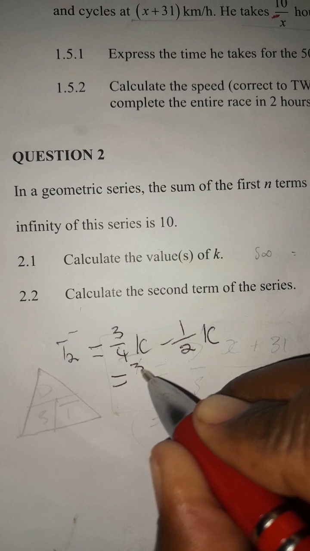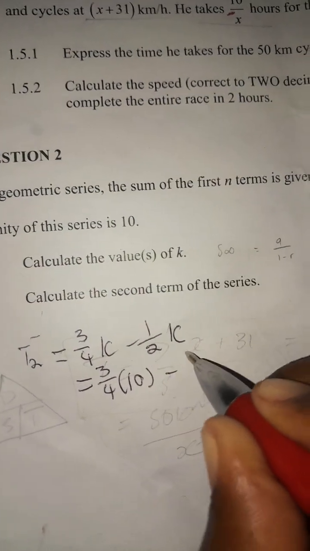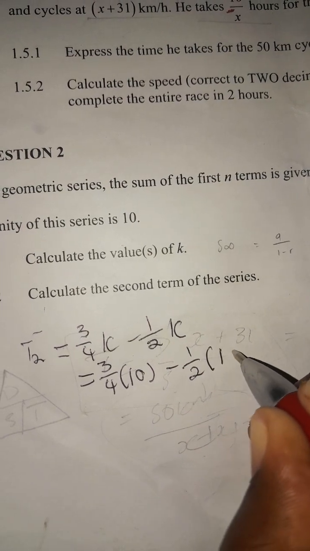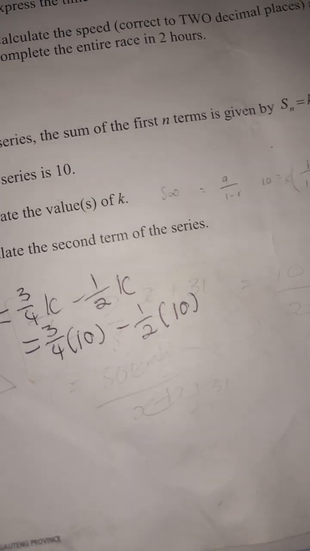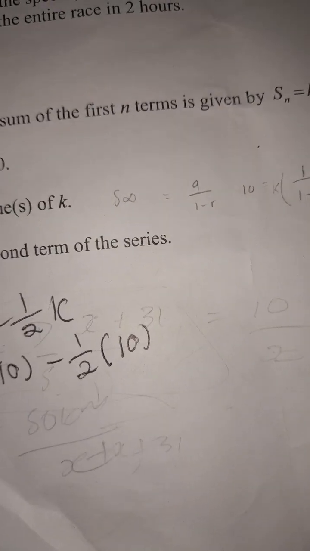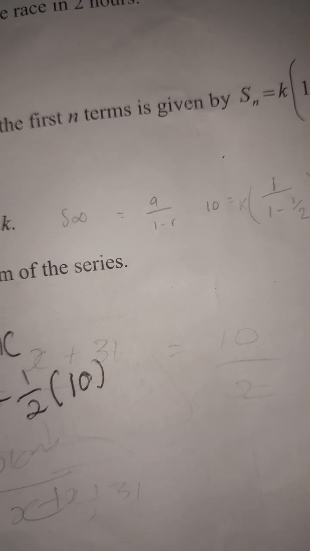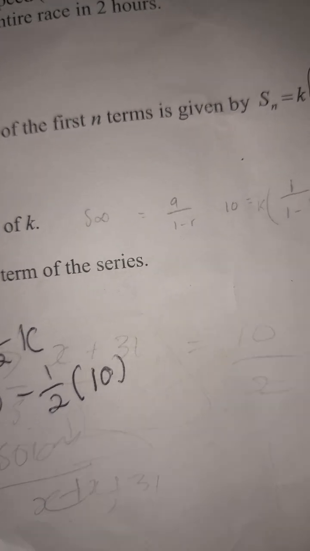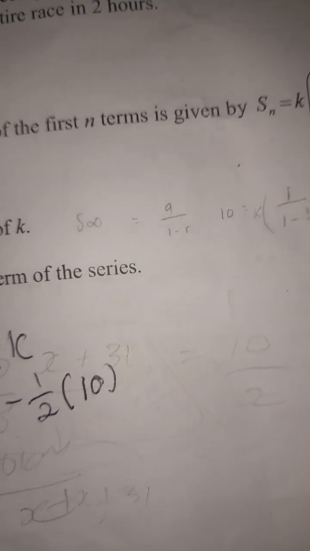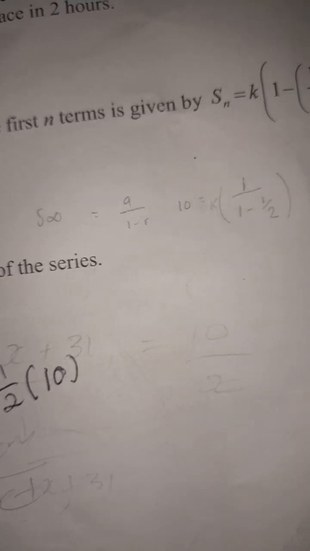Since we now know k, we plug in 10: 3/4 multiplied by 10 minus half multiplied by 10.